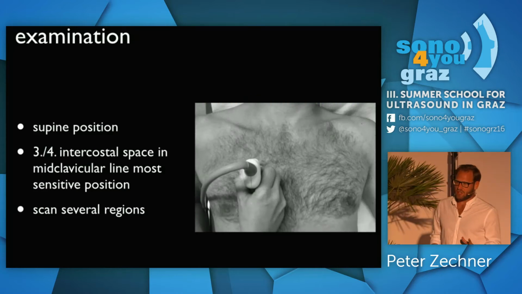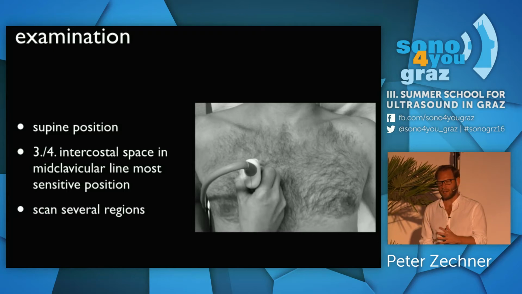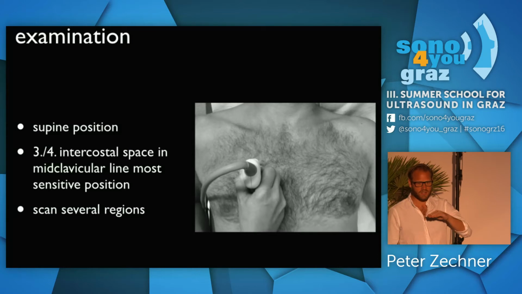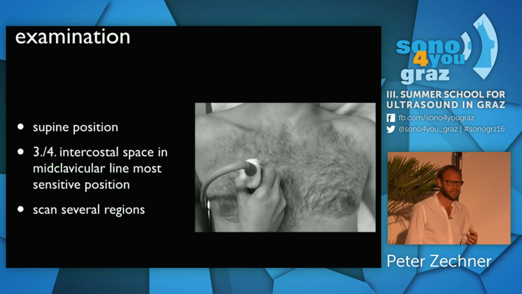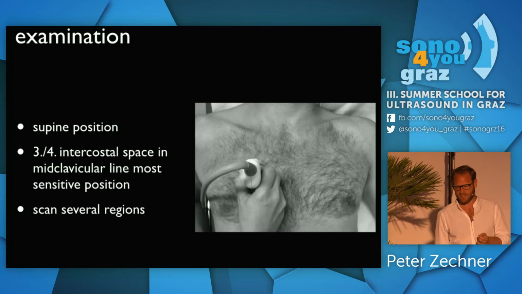If we have a patient with the suspicion of pneumothorax, it's very, very important that the patient is in a supine position. Because in this case, we can be sure that the air, also small amounts of air, is rising up to the surface of the thorax so that we can also detect very small pneumothoraxes.